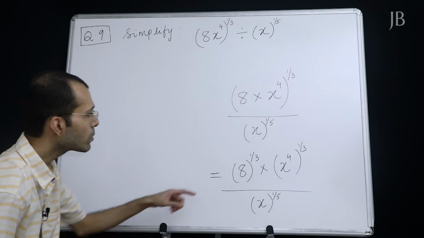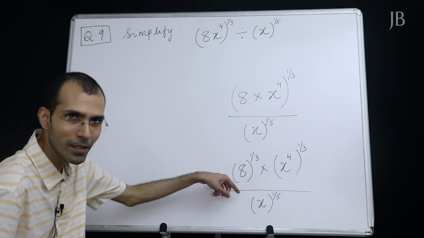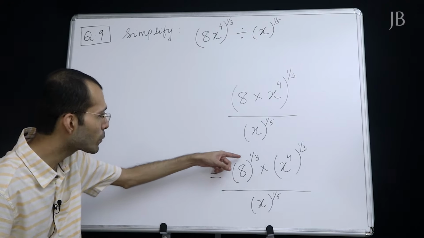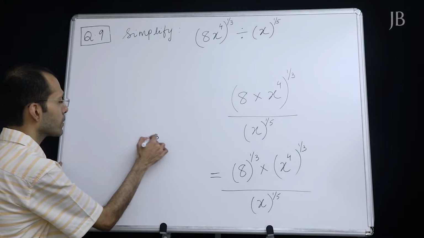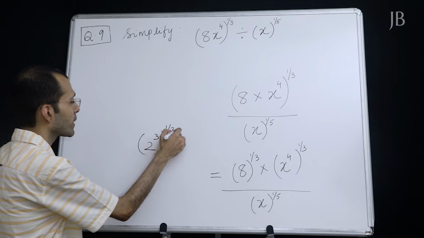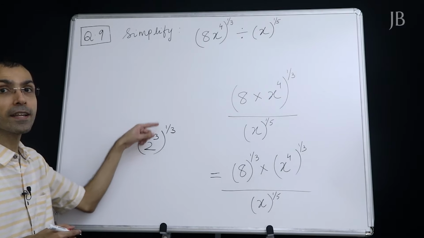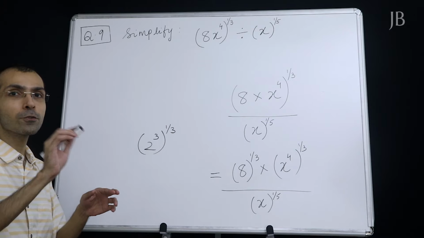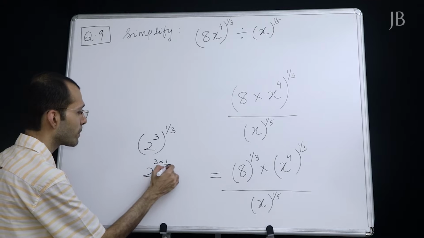Now what to do? I'll skip some steps. This can be written as 2 cube, 8 can be written as 2 cube. So 2 cube raised to 1 by 3. So this will get cancelled. A raised to m, the whole raised to n, what is that? A raised to mn. So this will be 2 raised to 3 into 1 by 3.